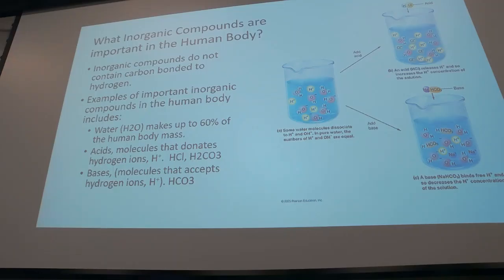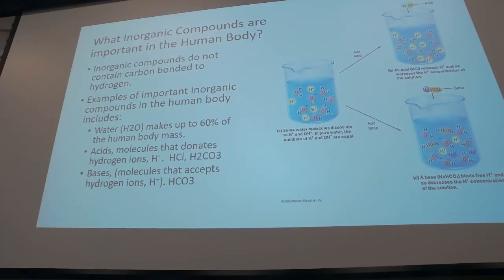So HCl is hydrochloric acid, H2CO3 is carbonic acid, and HCO3 is bicarbonate. So all of those are acids.